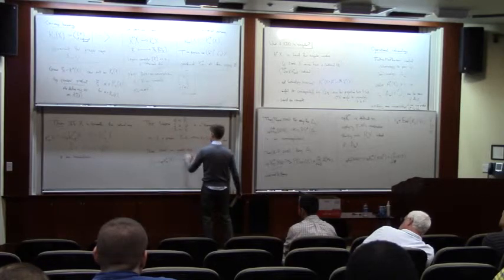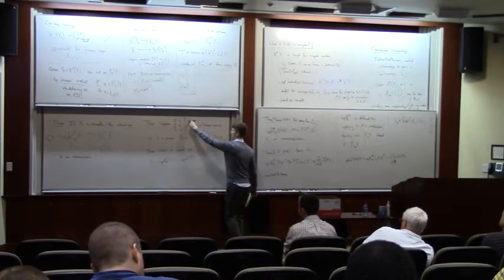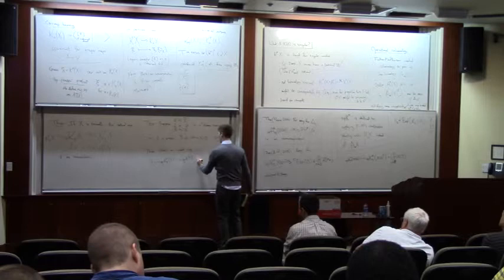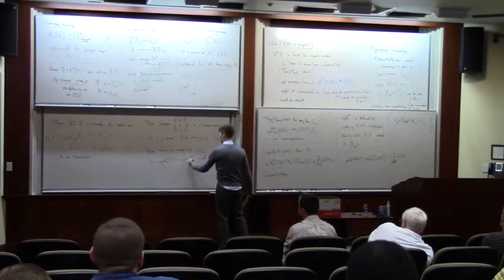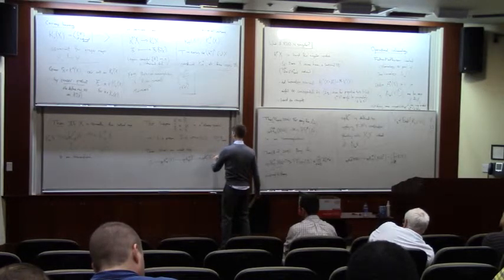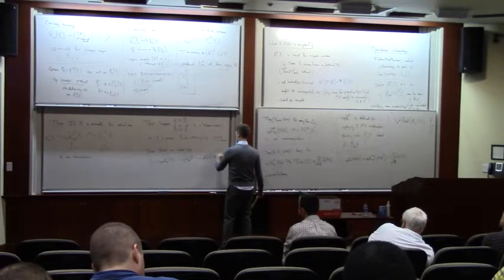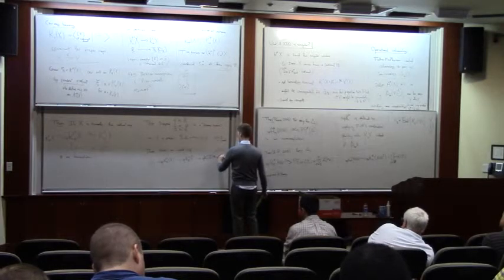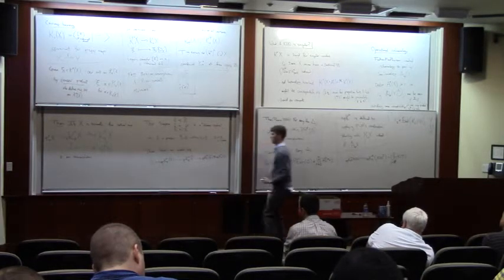So this embeds the K-theory of X into the K-theory of the blow-up, and the cokernel is just the sum of the two other pieces.